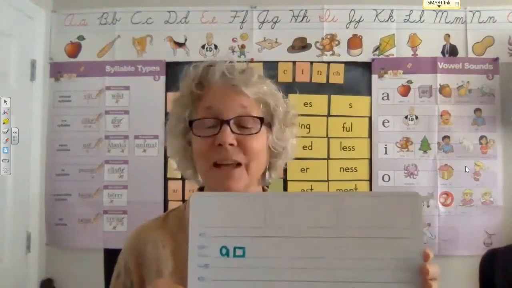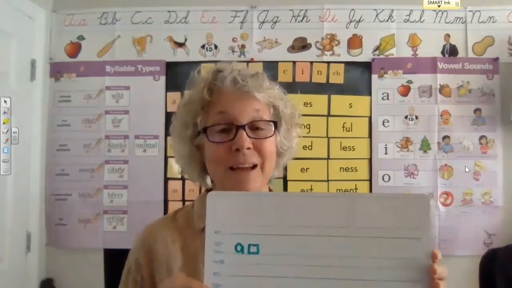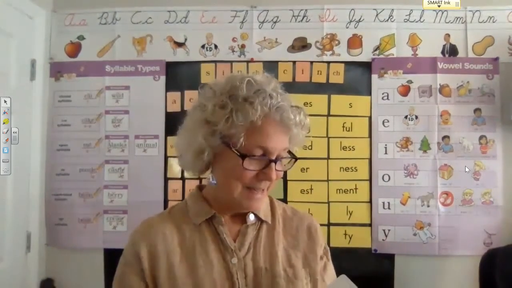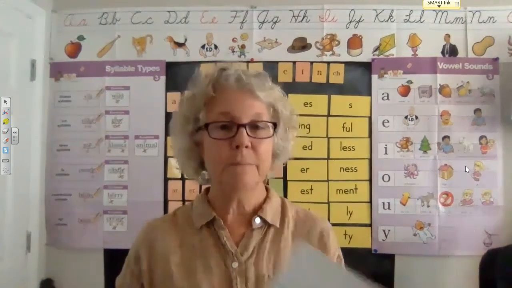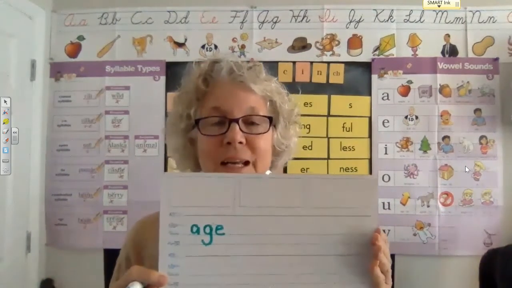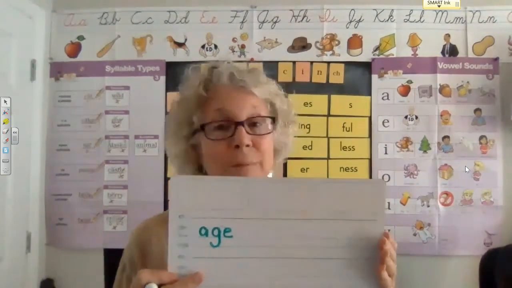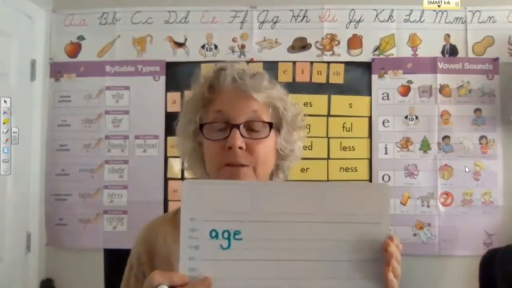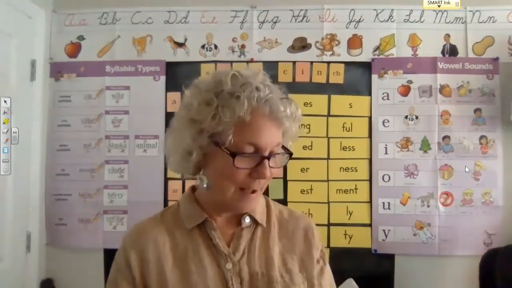And no words in English end in J. So if it was a J, it would be adge. So that's a pretty easy one, isn't it? That's going to be A-G-E, age, right? Because it can't be a J, no words can end in J, can't be a G all by itself, or it would be ag, and we know the word is age. How about that? So it's like a little puzzle we can figure out.